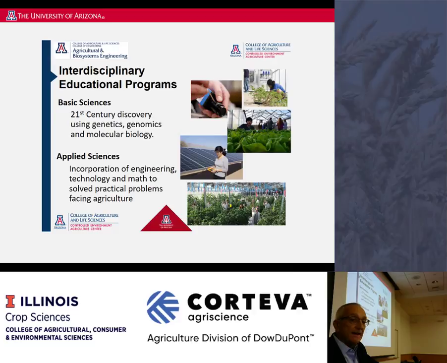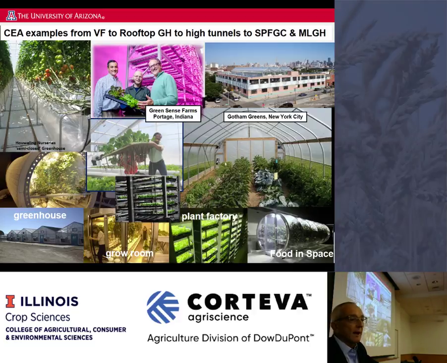And there are many of them. But we've come a long way, and some examples that I'll be going through: applications from the greenhouse tomato industry to growing in the earth in a high tunnel, to grow rooms, and vertical farms, as they're called now, and even food and space.